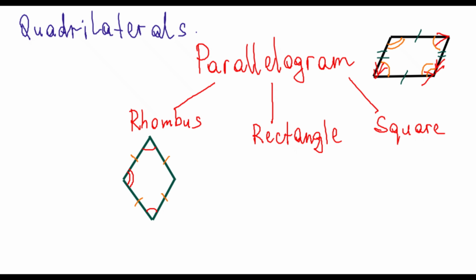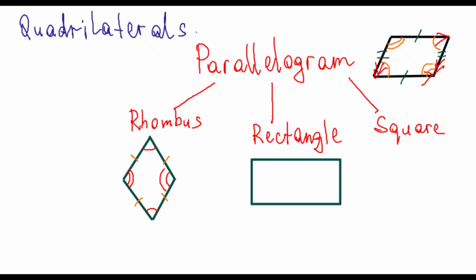Still there are two acute angles that are equal to each other and two obtuse angles that are equal to each other. As you see, the same properties of rhombus as of parallelograms are same. One differentiation is that not just opposite sides, but all sides are same.